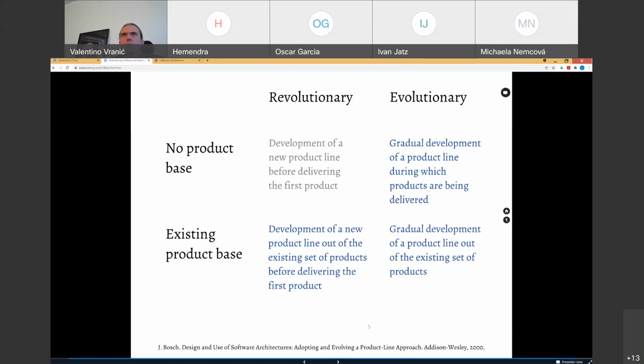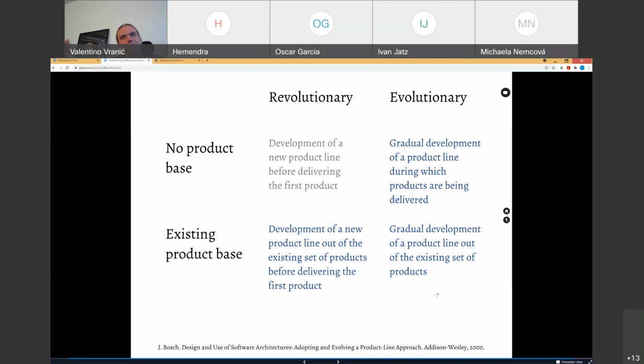Apart from the first possibility, which is highly unlikely to happen, revolutionary establishing your software product line out of nothing, virtually, it usually comes out of something that you had. So establishing a software product line is, in a sense, refactoring, and this is maintenance.